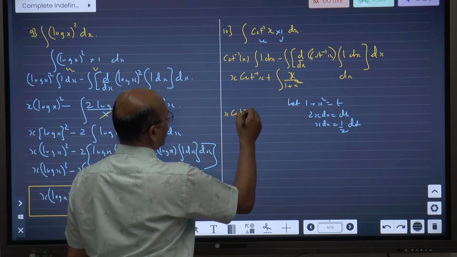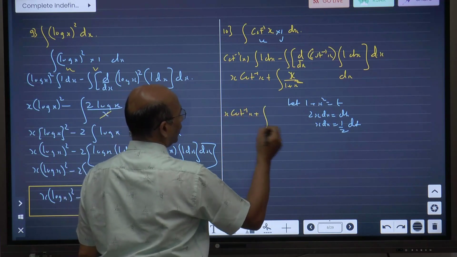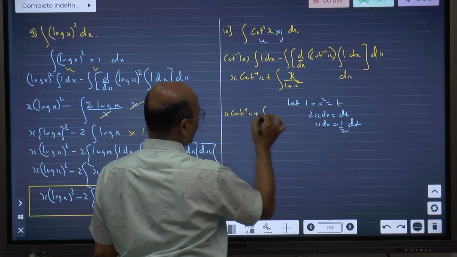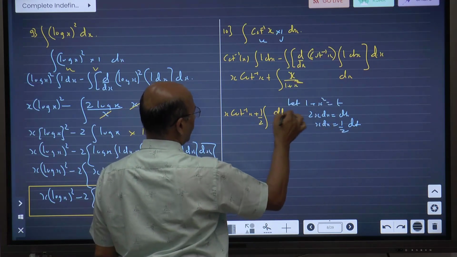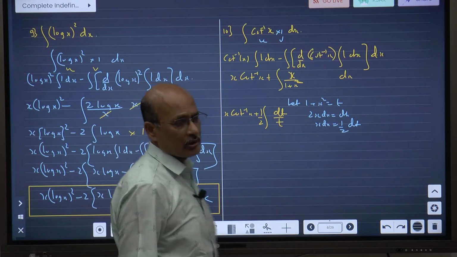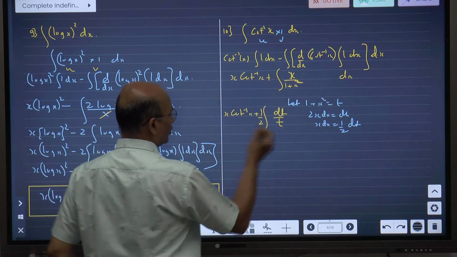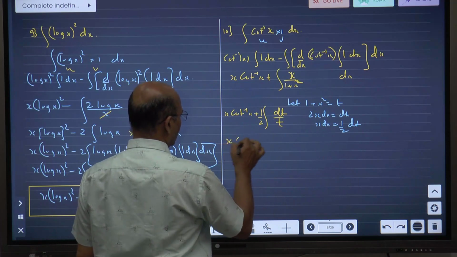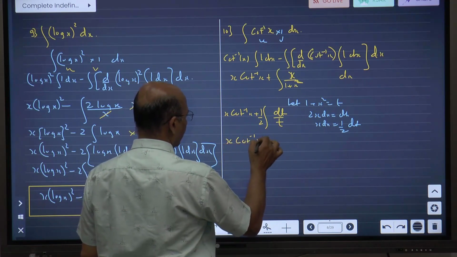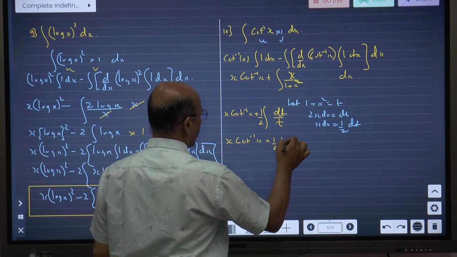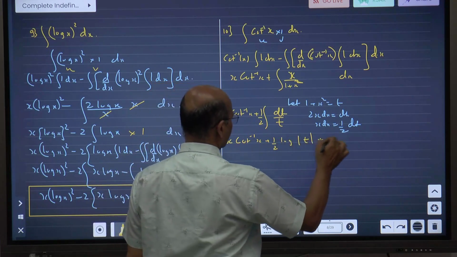So x cot inverse x plus, hold on, x dx is 1 by 2 dt upon t. What is integral 1 upon x? Log x. So integral 1 upon t dt is log t. So x cot inverse x plus 1 by 2 log of t plus c.